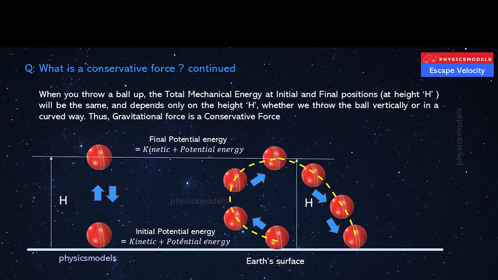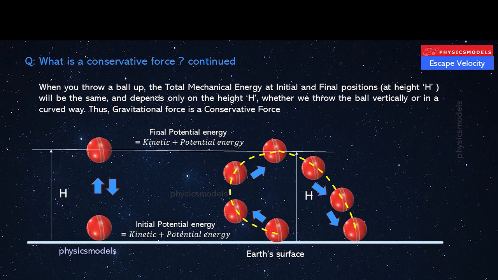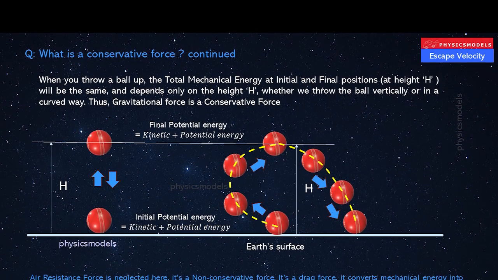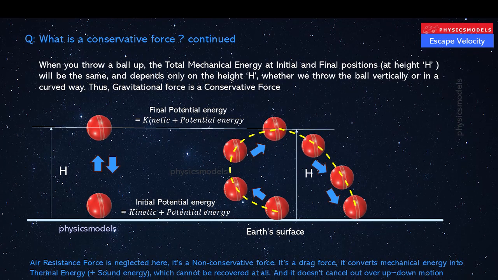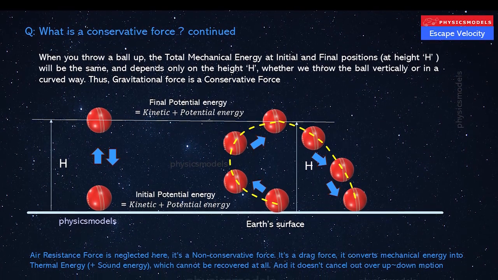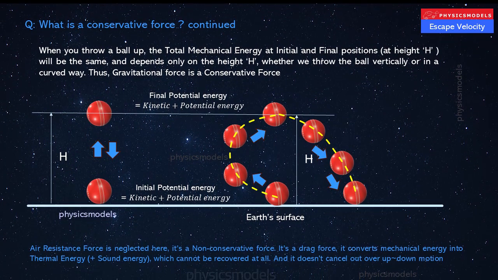In both these cases, the gravitational force is the only force acting on the cricket ball apart from air resistance. Keeping that air resistance aside for a moment, the total energy of the cricket ball, which is a sum total of kinetic energy and potential energy, is the same whether it's going up vertically or in some other path.